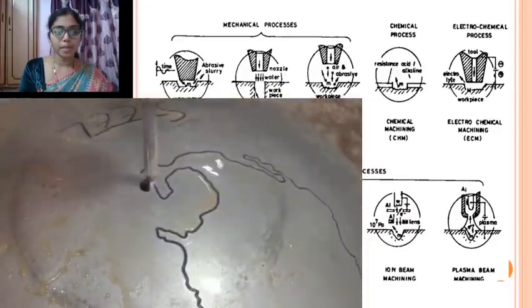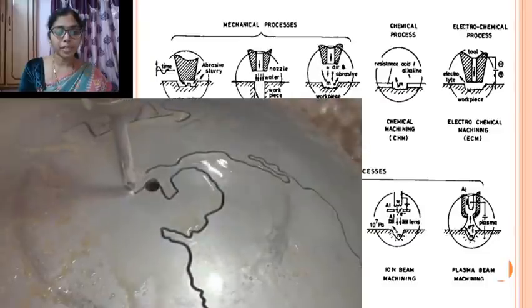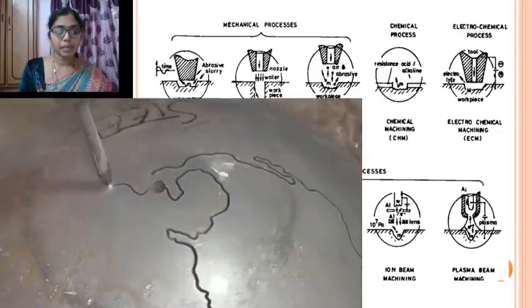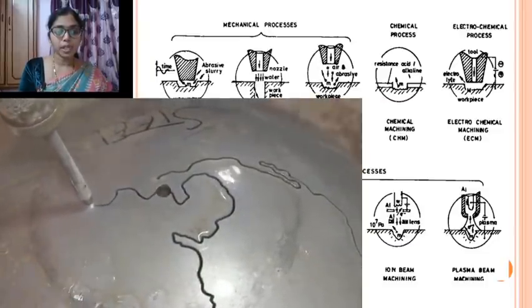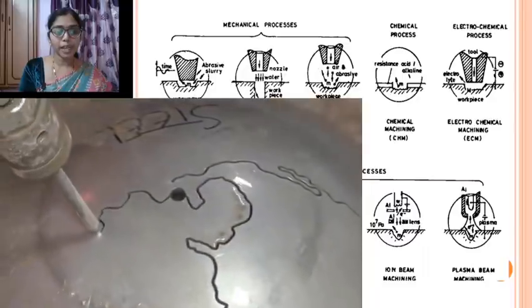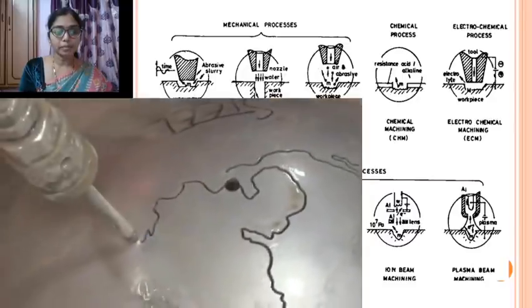So that is a steel material. This is high speed steel material. By using this water jet, the profile is being cut.